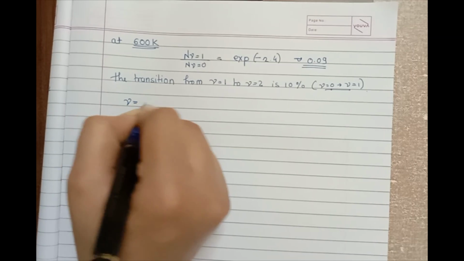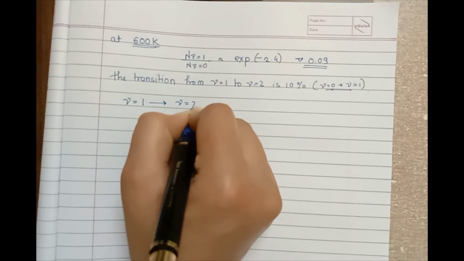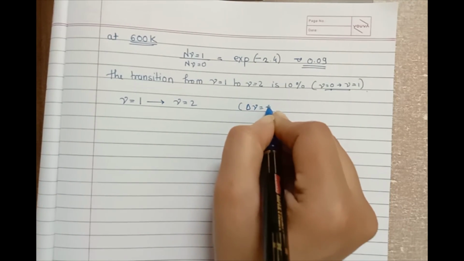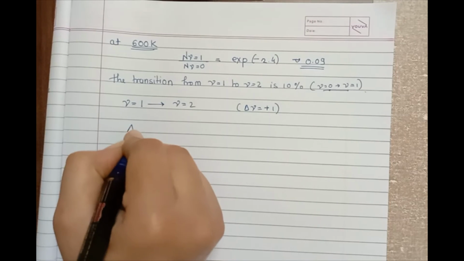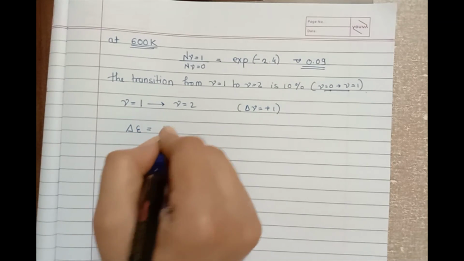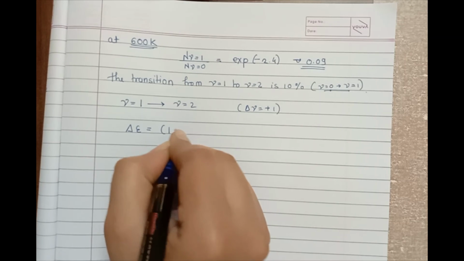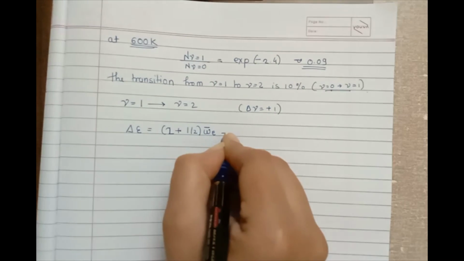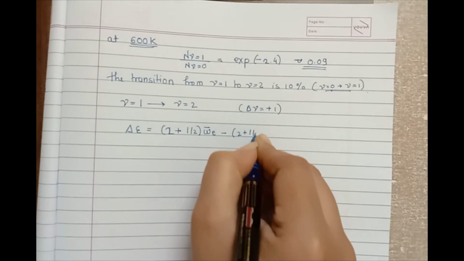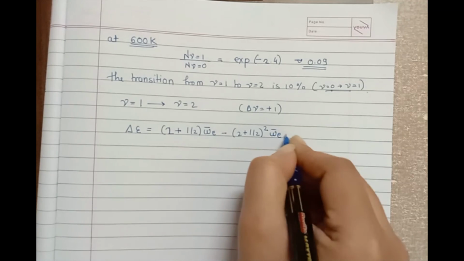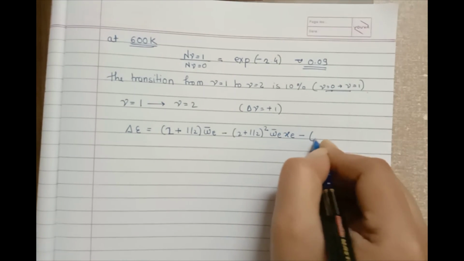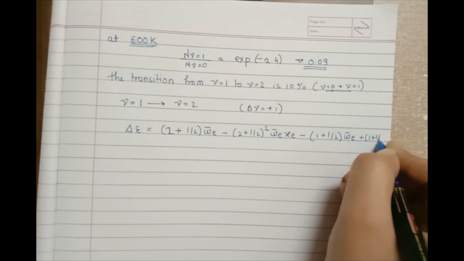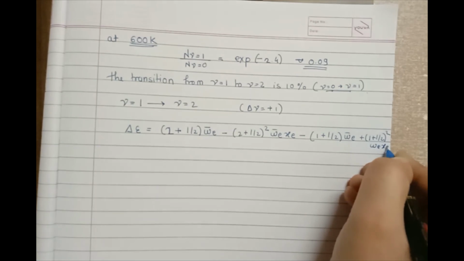Now considering that nu is equal to 1 to nu is equal to 2 transition is happening, that is delta nu is equal to plus 1. So what will happen to delta E, or the change in E? That is 2 plus 1 by 2 omega E minus 2 plus 1 by 2 square omega E xe, minus 1 plus 1 by 2 omega E plus 1 plus 1 by 2 square omega E xe.